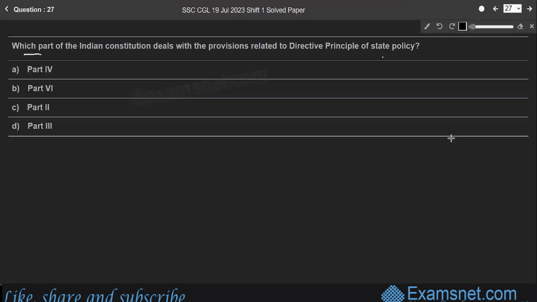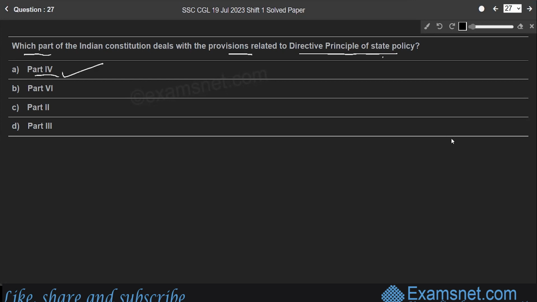Question 27. Which part of the Indian Constitution deals with the provisions related to the directive principles of state policy? Part 4 of the Indian Constitution deals with these provisions. So option A is the right answer.